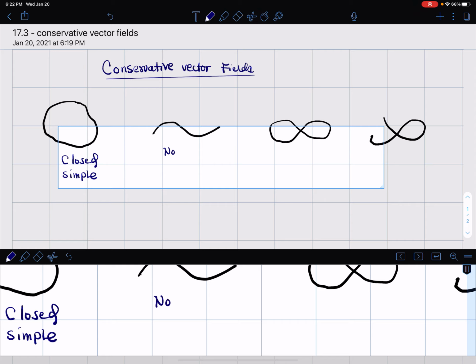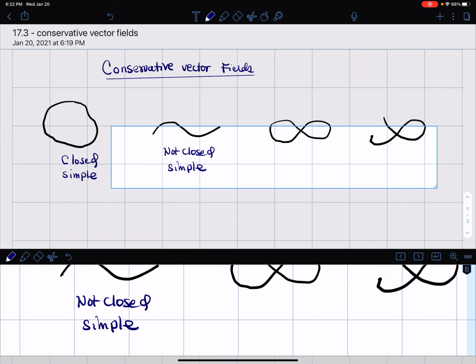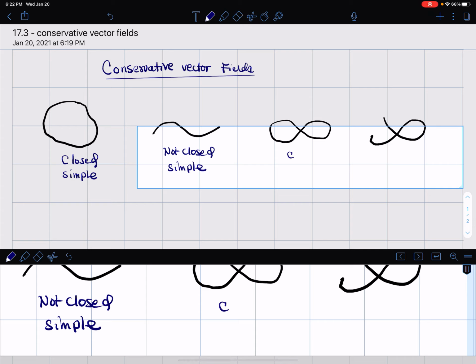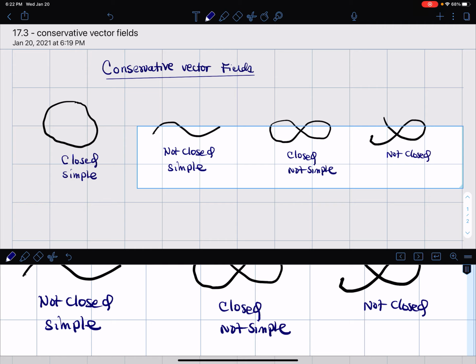This is not closed, but it's simple. This is closed and it's not simple. This is not closed and it's not simple.